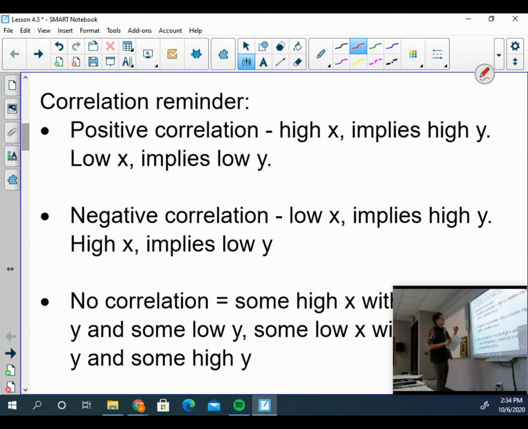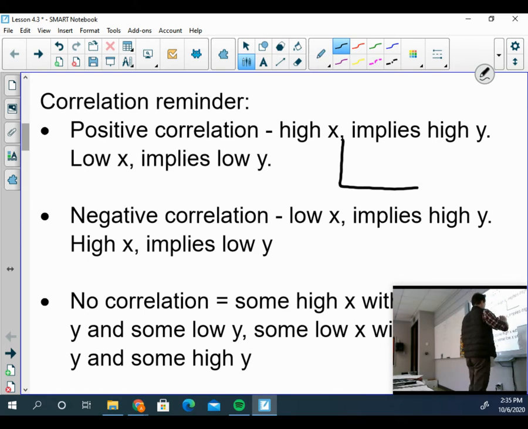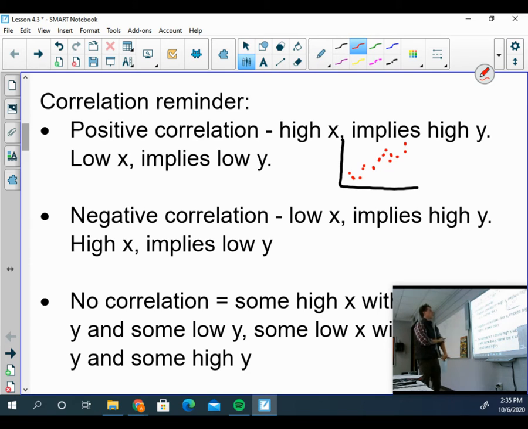Let's go back to a reminder about correlations. And I would pause the video and write each of these down just so you remember kind of where stuff's at. Remember, a positive correlation looks like this. Here are some data points. And what we see with a positive correlation is for a high value in one data category, we have a high Y value.